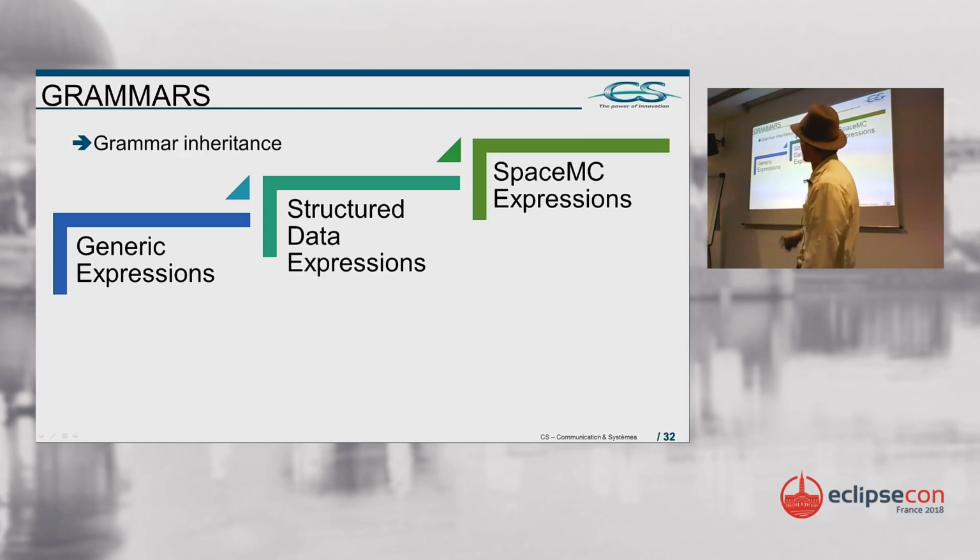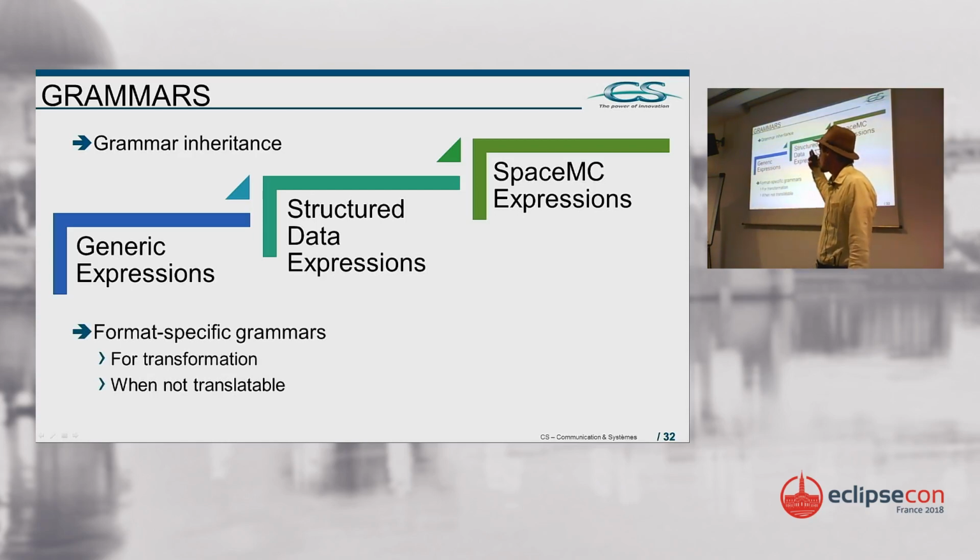We also have the space MC expressions, which take advantage of the fact that we know, when we have a packet, that a parameter appears only once. So we do not need, in the space concepts, to make the whole relative path to a given parameter. We can reference it by its name. So that was done in the editor.